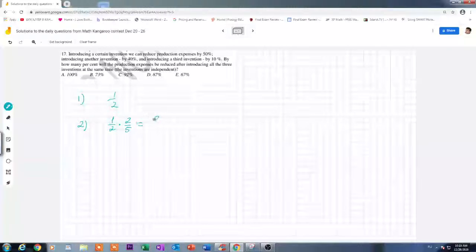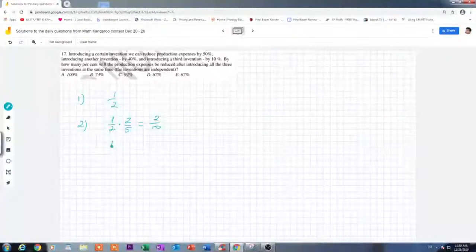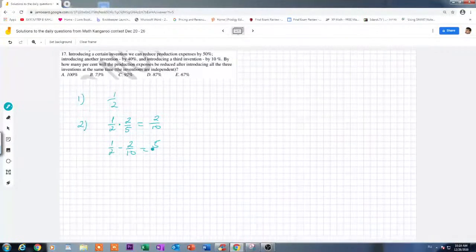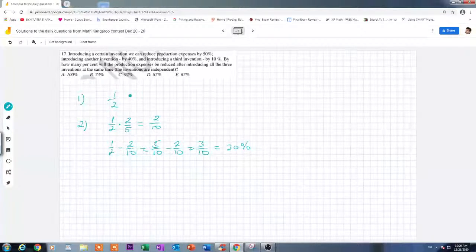So we have 2/10, right? So how much expenses are left? It will be half minus 2/10, which equals 3/10, right? So it will be 30% expenses left.